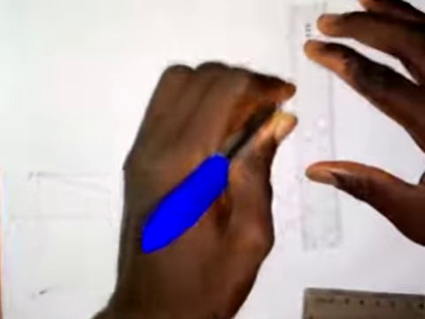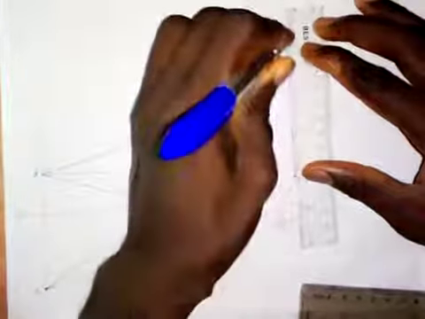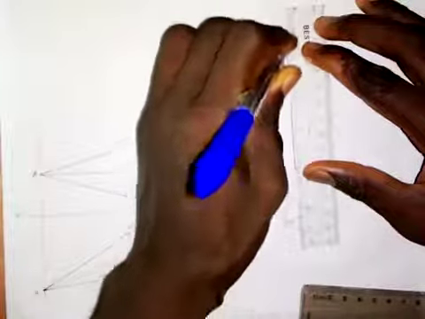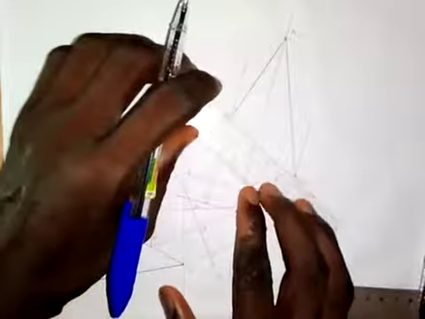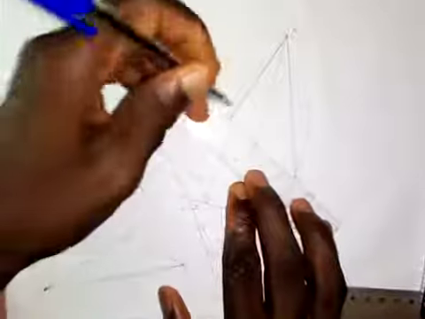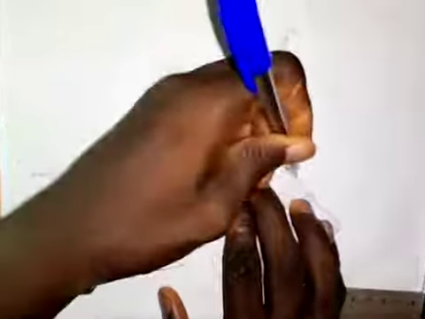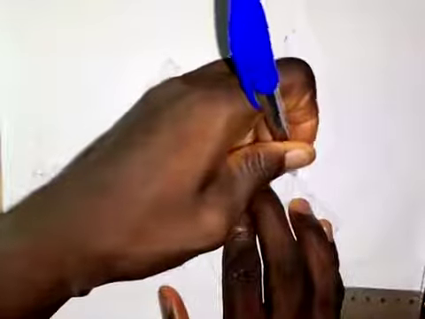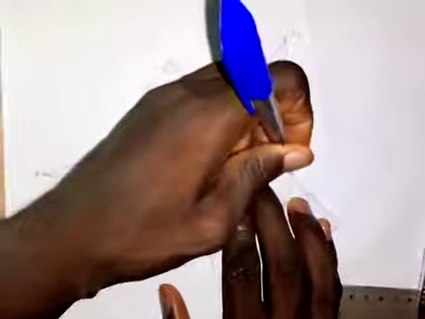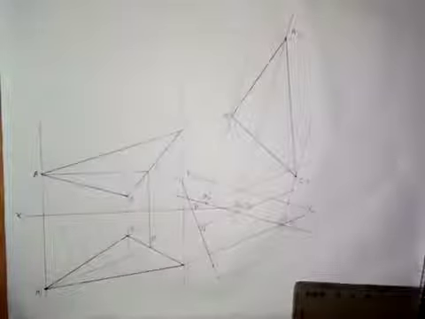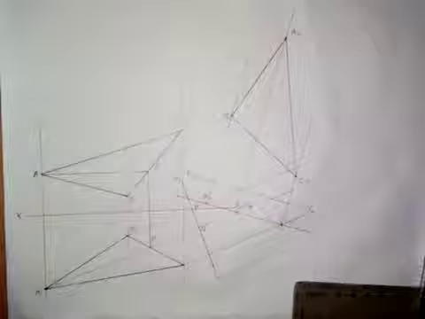Join this together like this. This is the true shape of the triangle as we are instructed in the question.